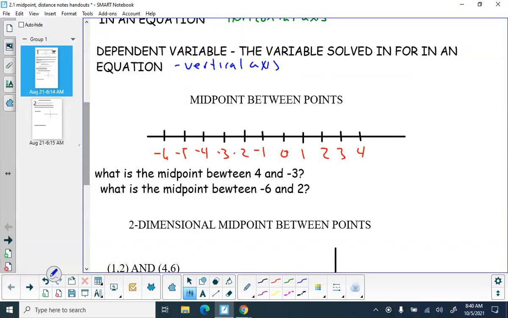The point that is directly in between two other points. If I have the values of 4 and -3, what is the midpoint between 4 and -3? What's the halfway point between 4 and -3?